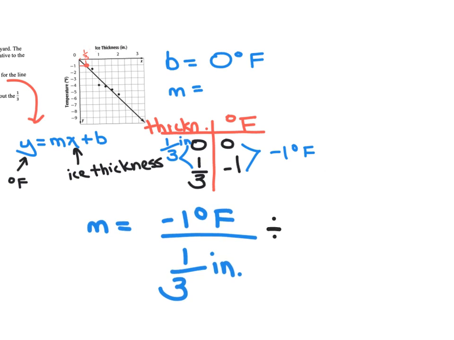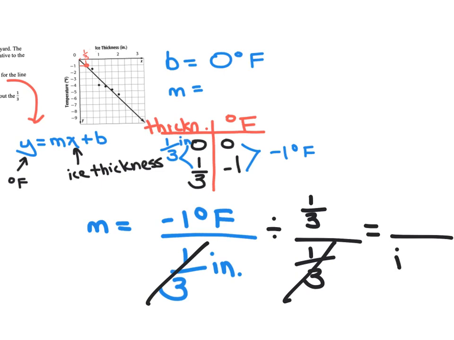So to figure this out, I'm going to divide my numerator and my denominator by 1/3. 1/3 divided by itself is just 1. So my denominator is 1 inch. Now my numerator is -1 divided by 1/3, and I'll just do this out on the side. Remember, when I divide with fractions, I keep change flip, so -1 times 3/1, or just -3.